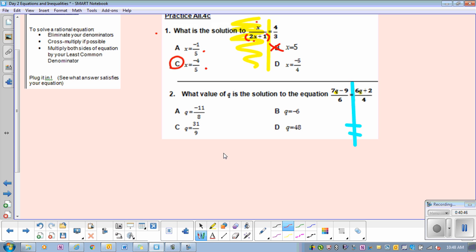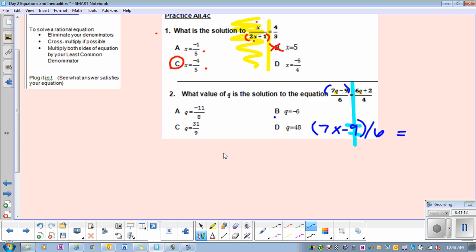Which one do you want to plug in? Which one should we store? A, B, C, or D? B. Okay, let's plug in B. Q equals -6. So, the first time we plug in, we're going to plug in 7x minus 9 in parentheses divided by 6. Hit enter.